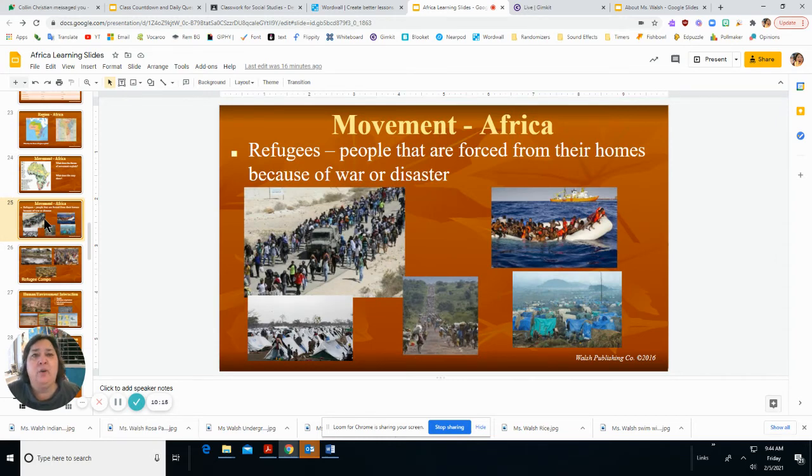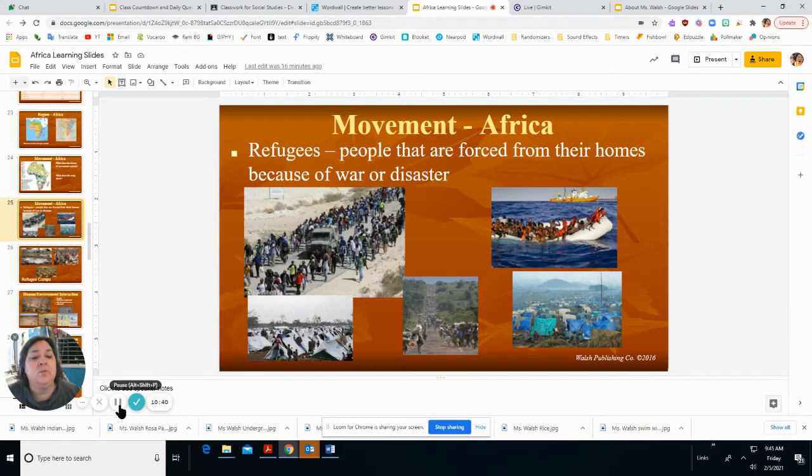Movement, how do people get around? In Africa, we have a lot of places where a country is unstable and the government is unstable or the government is challenged by a group that wants to take over. We have a lot of countries in Africa that will typically go to war or will be taken over by a dictator, someone that takes power and tries to keep that power.